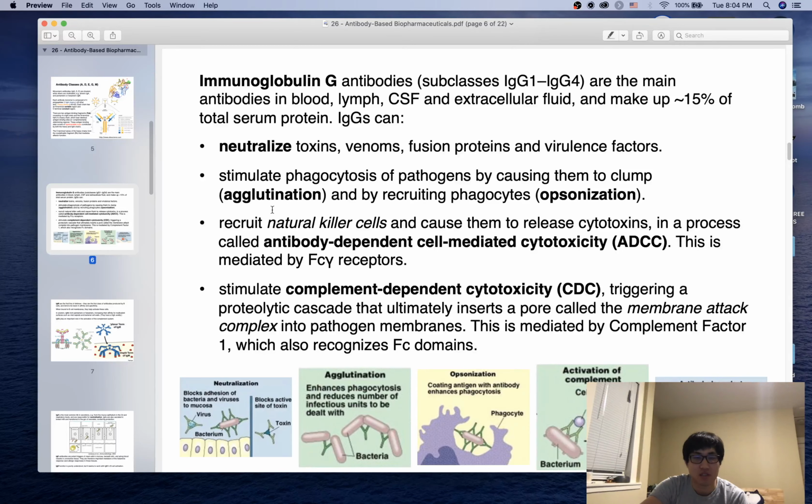But they also function as agglutination, or what is called opsonization with phagocytes. So here, the bivalent Fab can bind to at least two sites together and trigger aggregation.